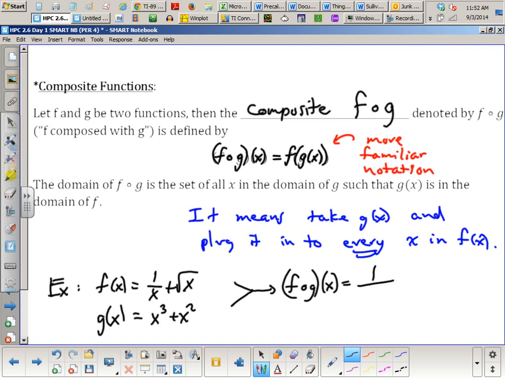So instead of being 1 over x, it would be 1 over the function g, plus, and instead of square root of x, it'd be the square root of g. See? That's what fog means. It literally means to substitute. We don't do this with real numbers, but this is a fifth operation with functions.